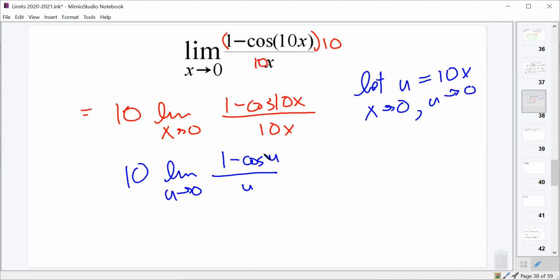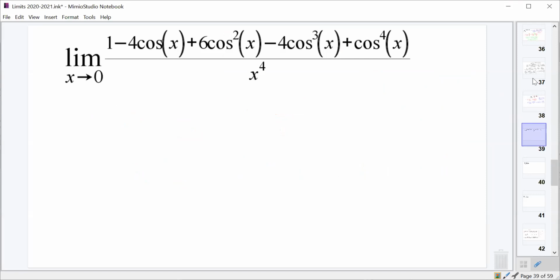That one we just memorized to be 0. We got 10 times 0, or 0. Pretty straightforward, or anybody have any questions on that? Nope. All right. Cool. Let's do another one then.